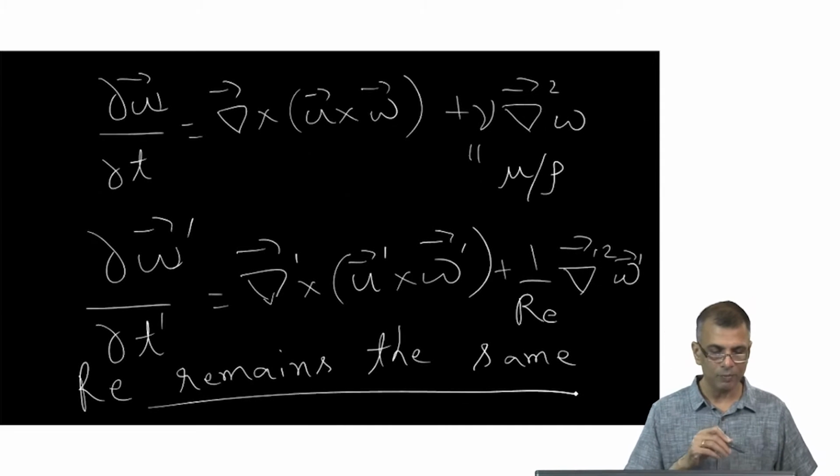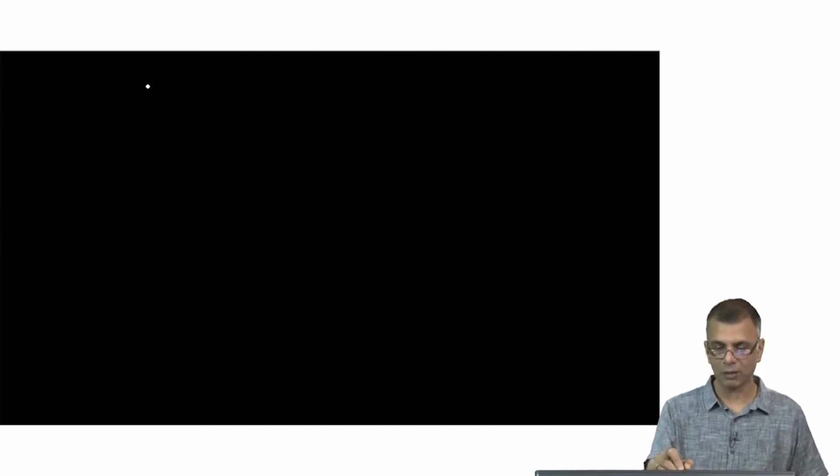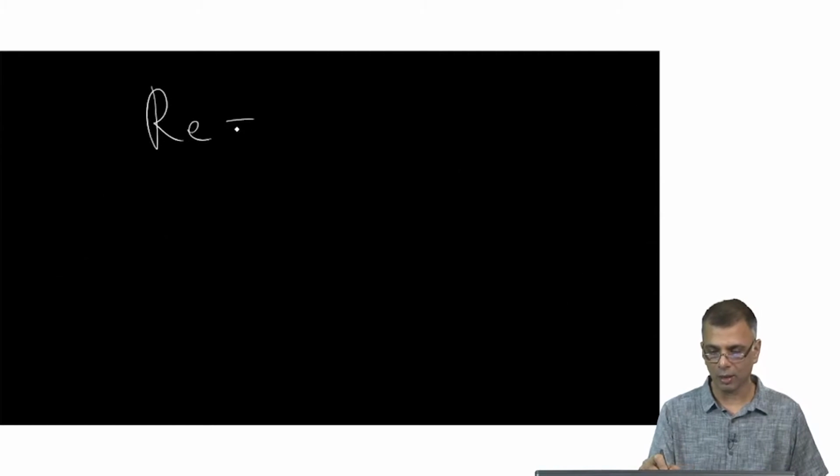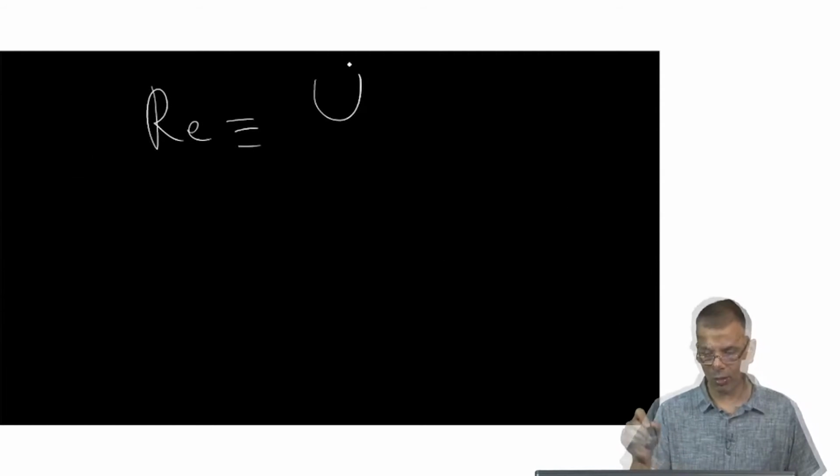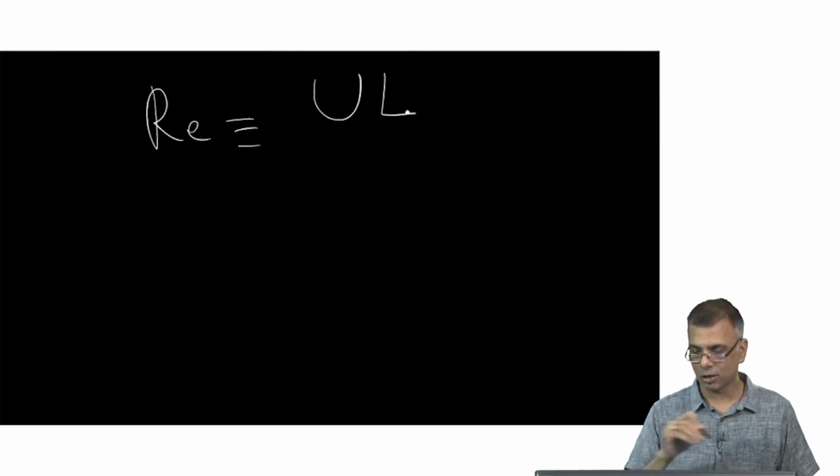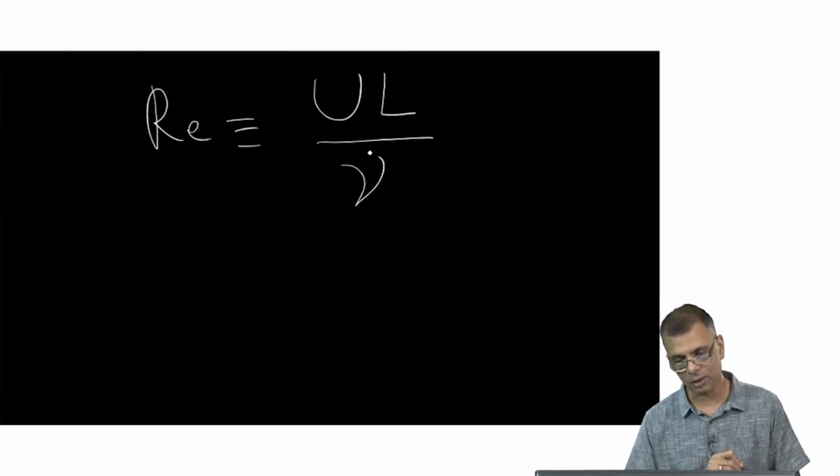And let's go back and look at the definition of the Reynolds number. It's worth writing this down yet again. Some macroscopic velocity times some macroscopic length divided by the coefficient of viscosity, right?